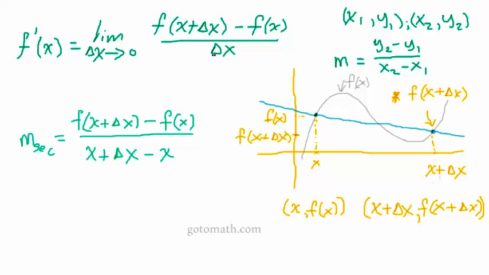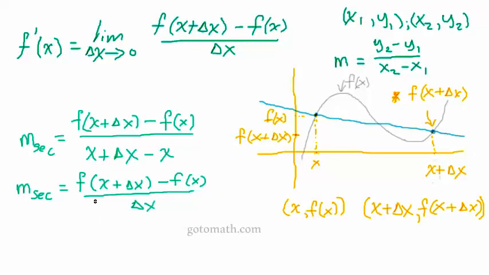We're left with a delta x on bottom, and we'll go ahead and actually rewrite this. So we have f of x plus delta x minus f of x, and it's all over delta x. There you go.